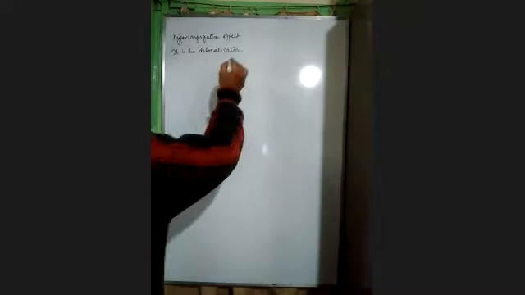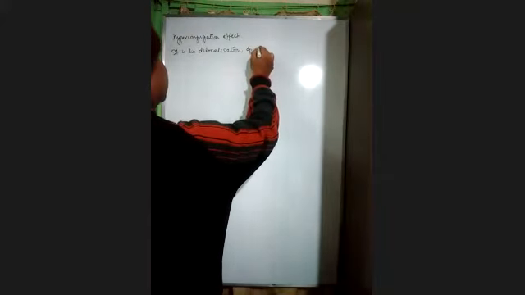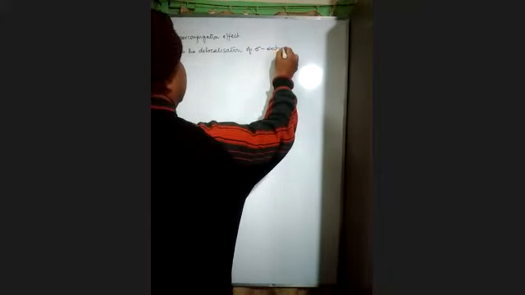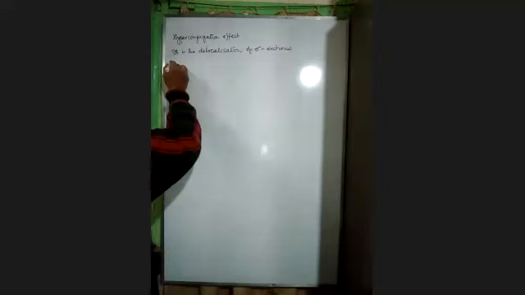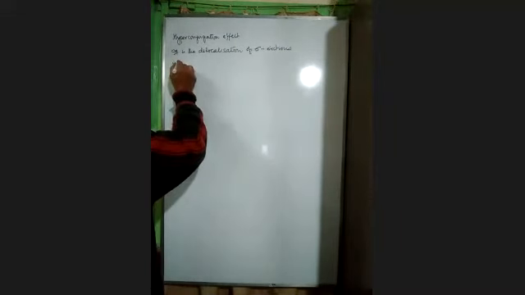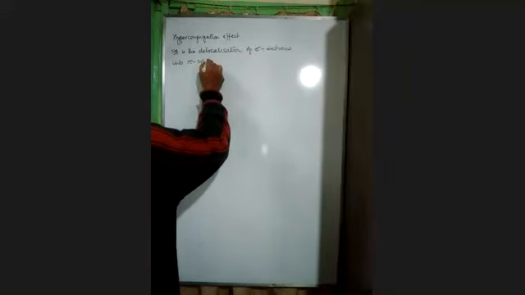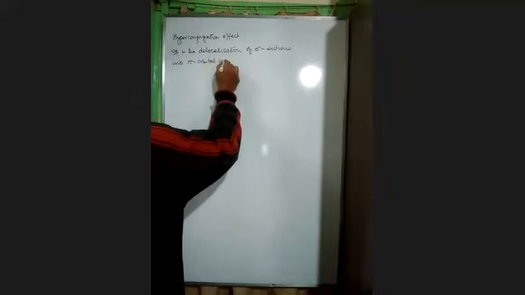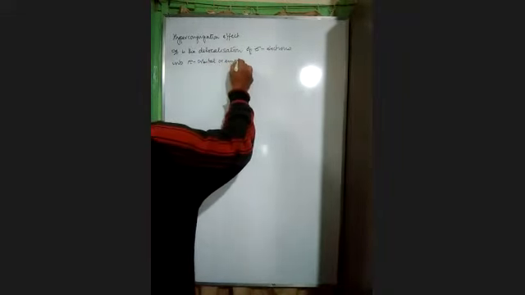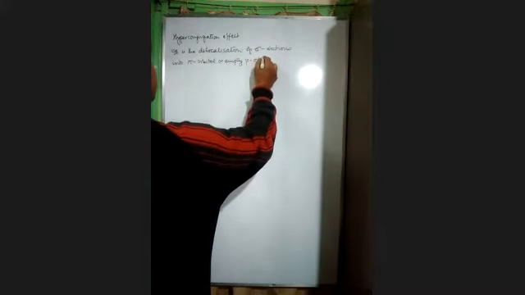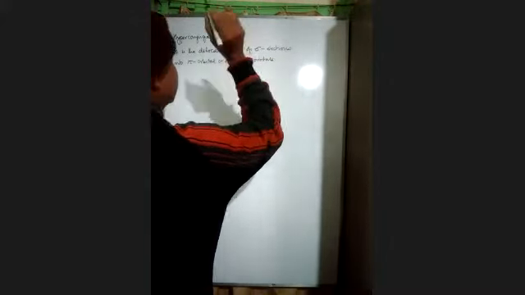It is the delocalization of sigma electrons into pi orbital or empty p orbital. So this is called hyperconjugation.